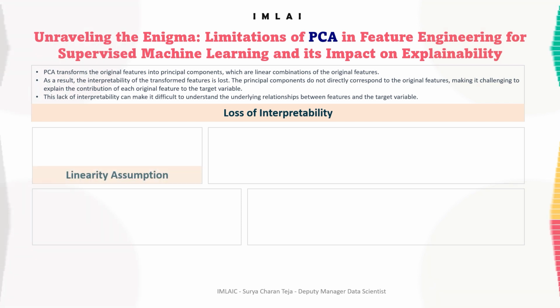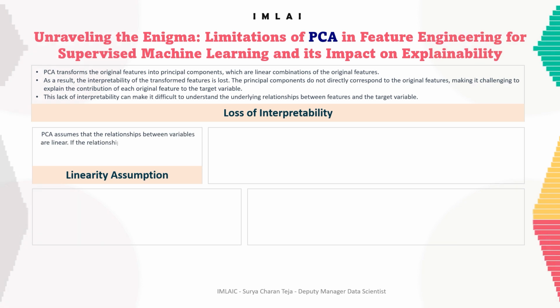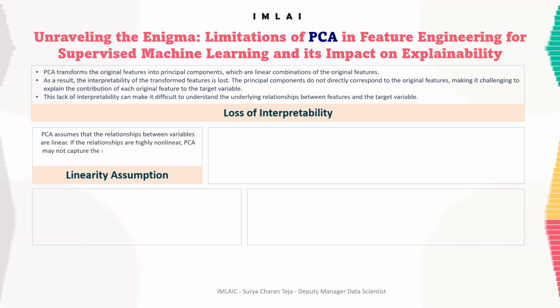There is a clear-cut linearity assumption. PCA assumes that the relationships between variables are linear. If the relationships are highly nonlinear, PCA may not capture the essential information in the data and might result in suboptimal feature engineering.